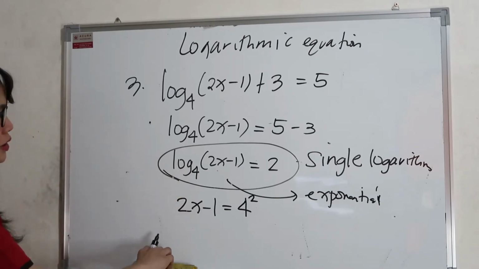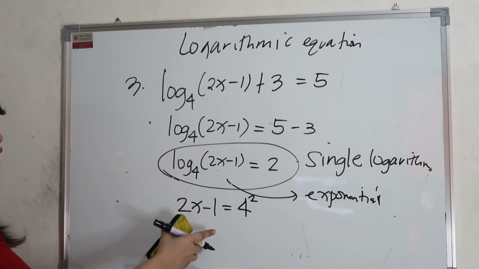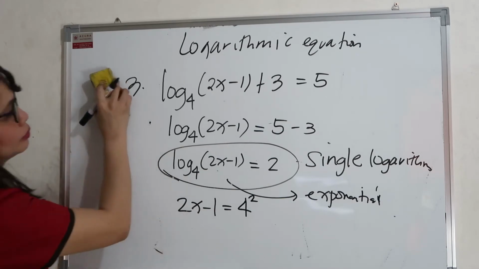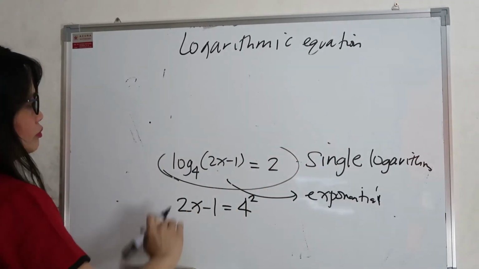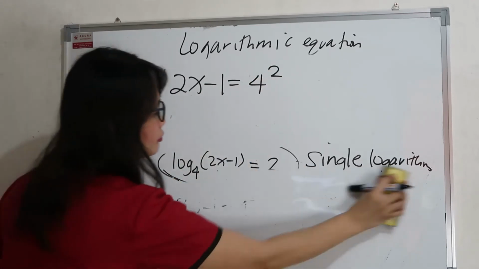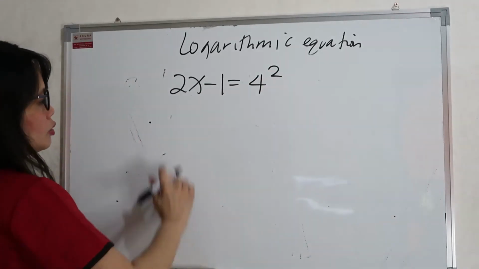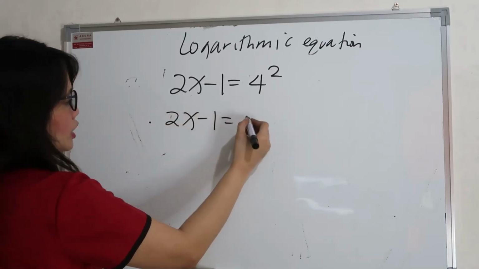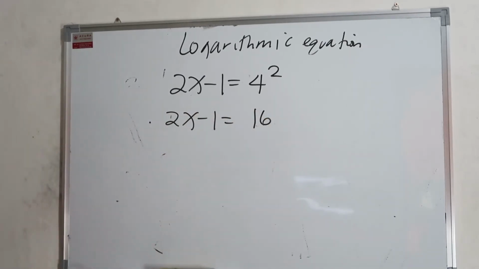Okay? Let's proceed now. So we have 2x minus 1 equals 4 raised to 2. So simplify it. That will become 2x minus 1 equals 16. Then what's next? Solve for x.